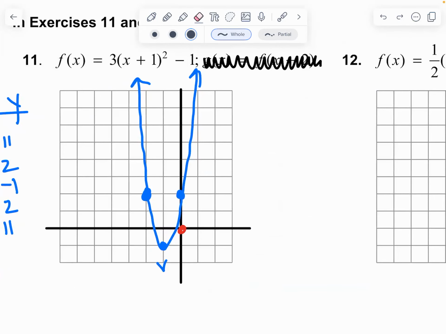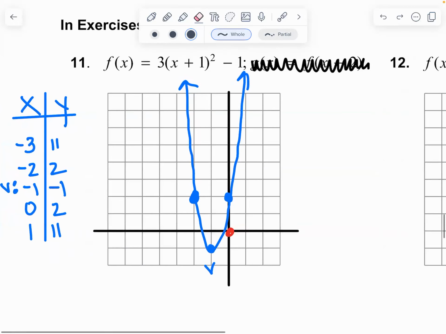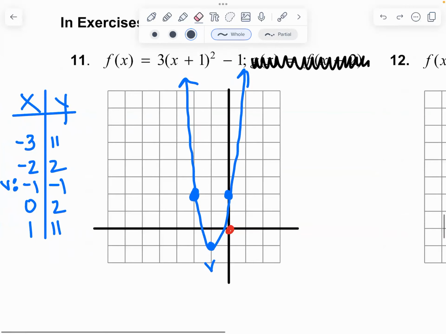What's happening is this number is taking your y coordinates and stretching them by that much. So where we normally would be at a y of 1, it's stretching it to a y of 3. If it was 5, it'd be stretching it to a y of 5. So with the first one, that can be a double check for you if you're plugging these in. Okay. All right.